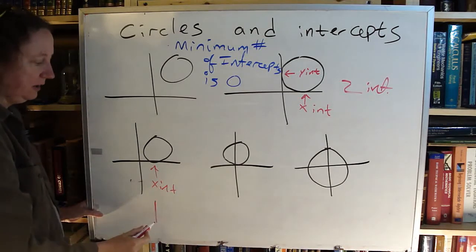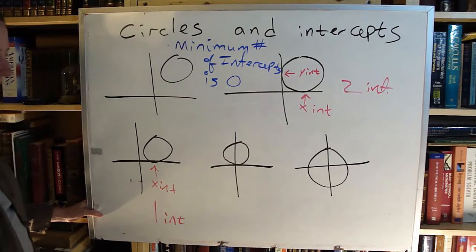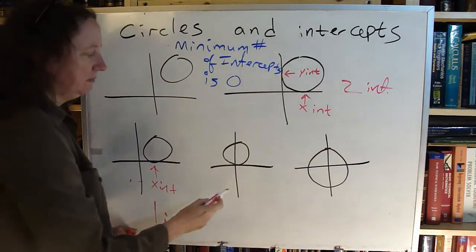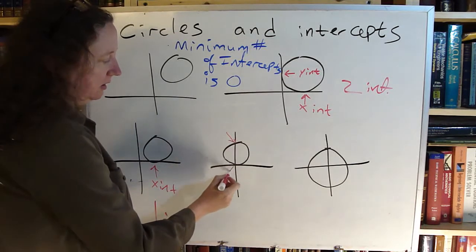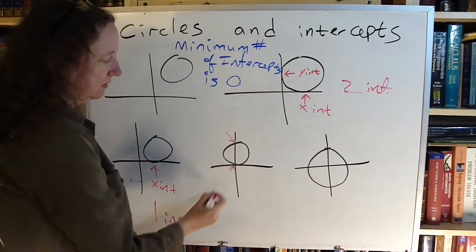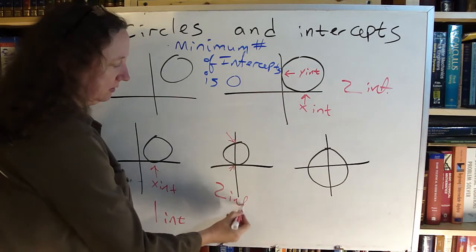So that has 1 intercept. Looking at this one, we have an intercept there, and we have an intercept there. So that's giving me 2 intercepts.